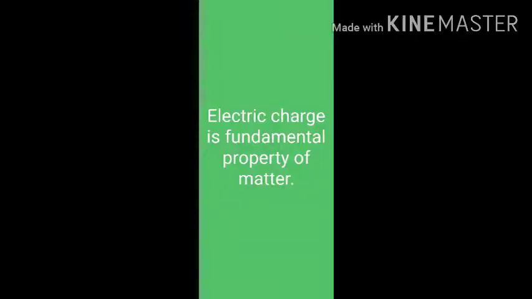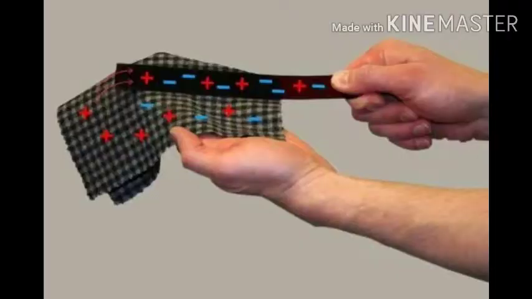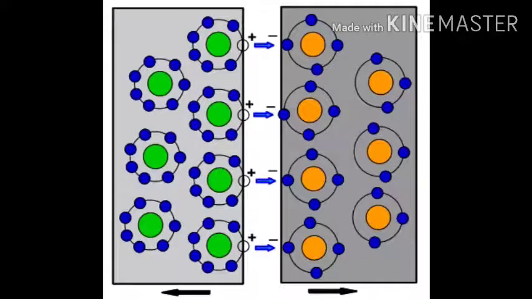When a glass rod is rubbed with silk, the rod acquires one kind of charge and the silk acquires the second kind of charge. This is true for any pair of objects that are rubbed to be electrified. Now, when two objects are rubbed together to create electricity, one object gives up electrons and becomes positively charged, while the other material collects electrons and becomes negatively charged.